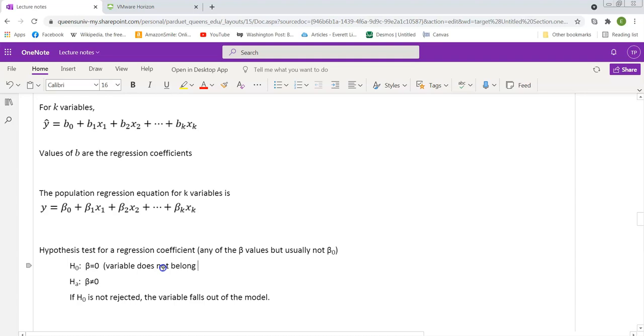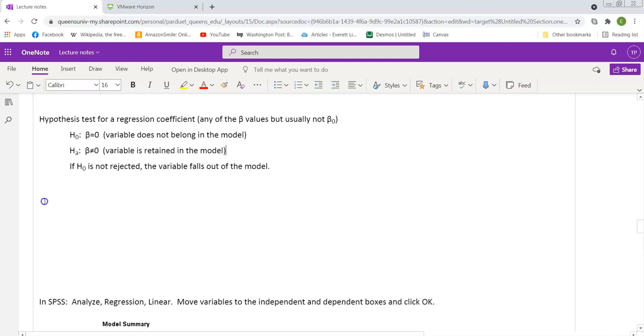So we're going to assume it doesn't, and then we're going to look for evidence that it does. Okay? So we're going to do a hypothesis test for each one of these slope variables here.